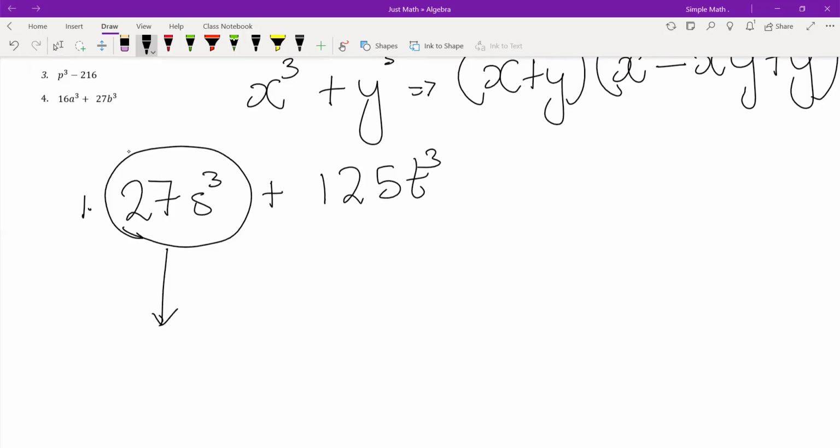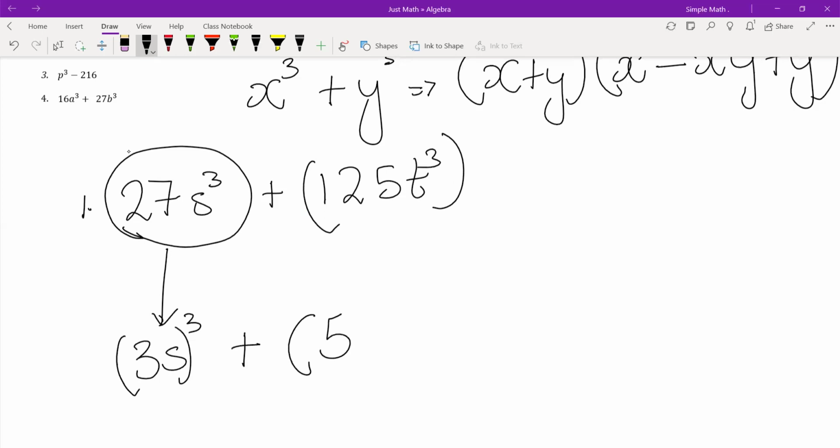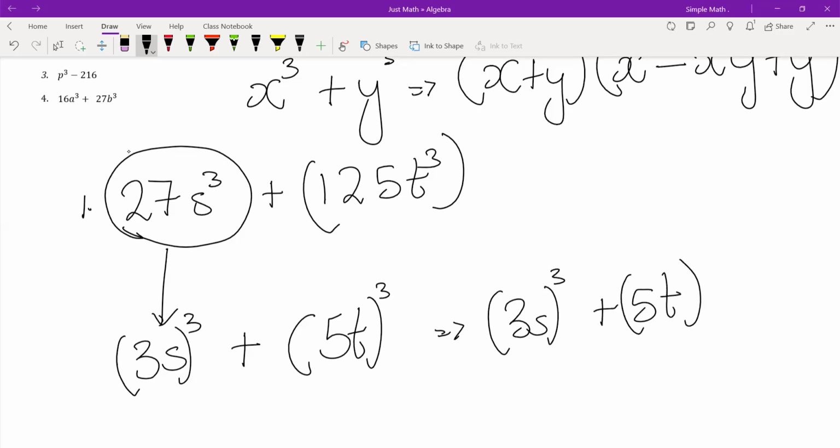What is the cube root of 27? That is 3. The cube root of s cube is just s. So we can write this as (3s) all cubed plus. Same thing we're going to do with 125. The cube root of 125 is 5. The cube root of t cube is t. So what we end up having is (3s) all cubed plus (5t) all cubed.